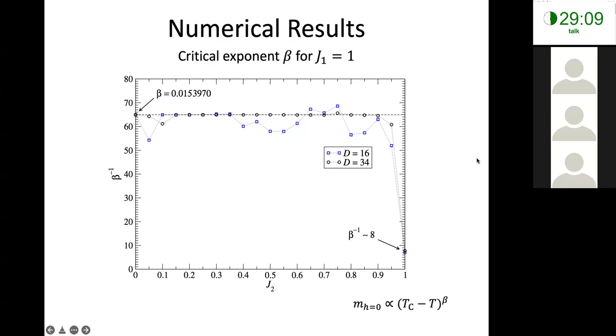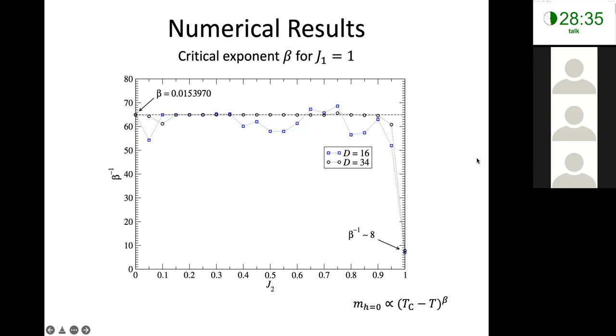We see that these data points, obtained for J2 equal to 0.99, are still much closer to the fractal exponent than to the square lattice exponent. And there is also a very small difference between these values for d equal to 32 and 34.